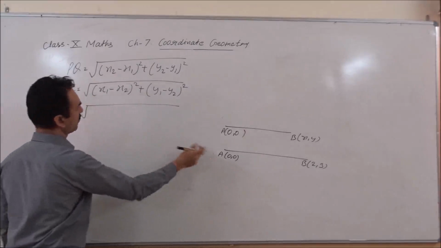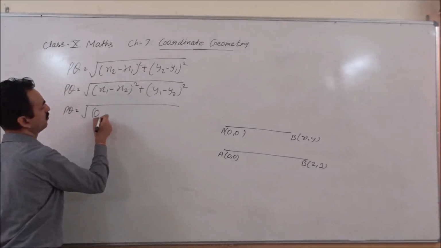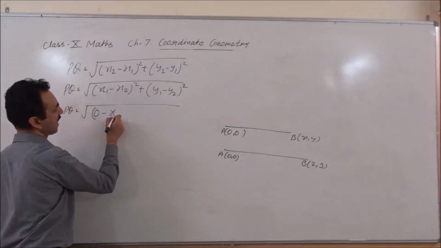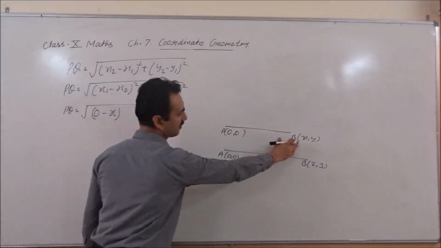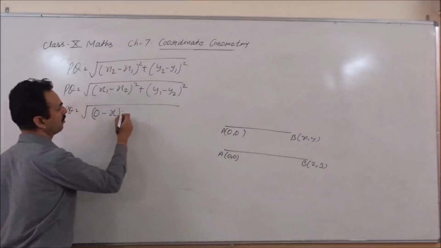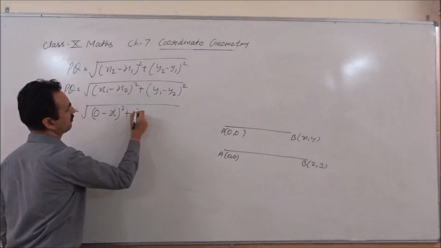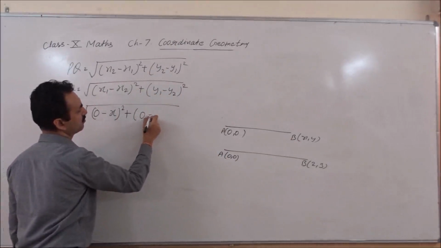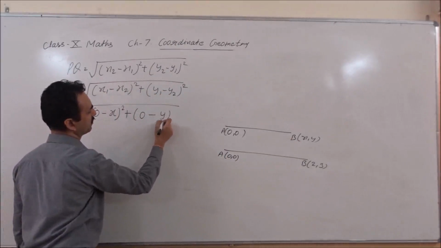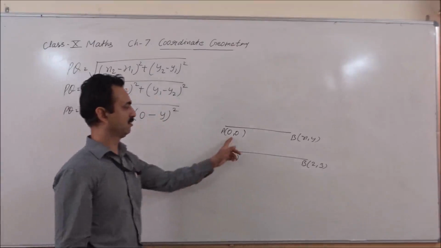First point is 0, 0, which means x1 is 0 minus x2 is x. I am first explaining in terms of the formula, I will put the values later. y1 is 0 minus y2 is y.